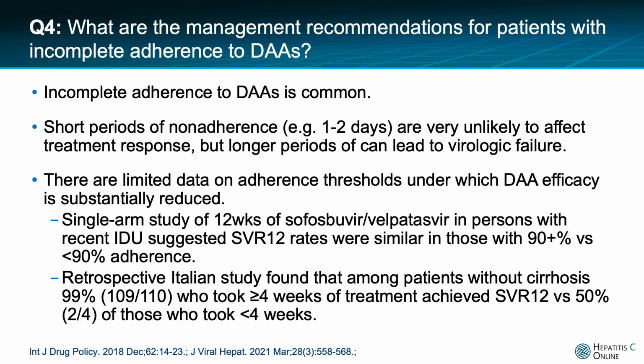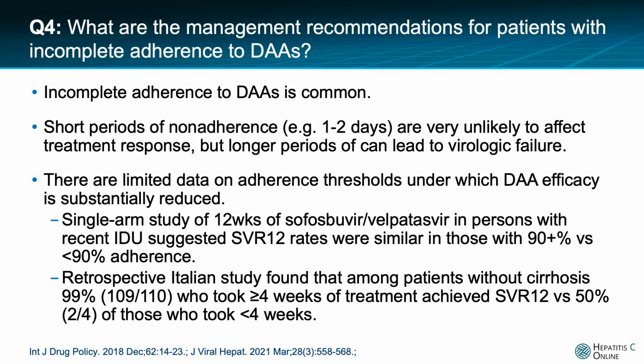Similarly, in a retrospective review of patients registered in a web-based regional Italian hepatitis C treatment database, 99% of individuals who received at least 4 weeks of treatment achieved SVR12 versus 50% of those who took less than 4 weeks, and this was among people without cirrhosis.